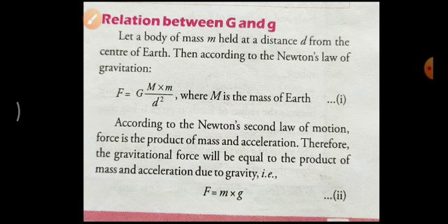According to Newton's second law of motion, force is equal to mass into acceleration. Because here we have to consider acceleration due to gravity, it will be m into g.